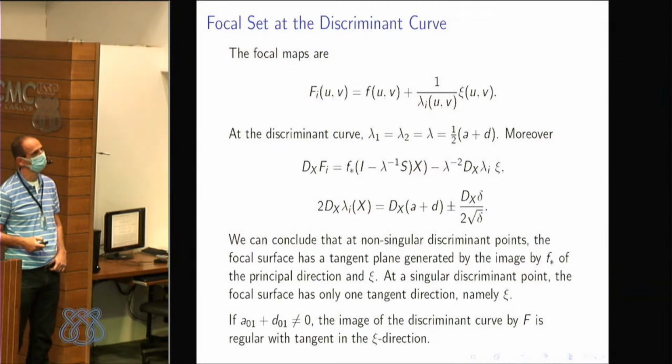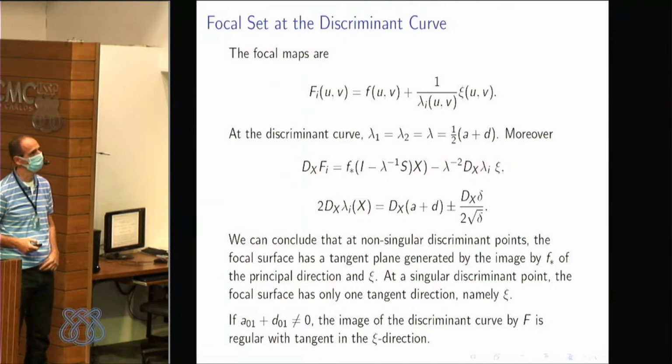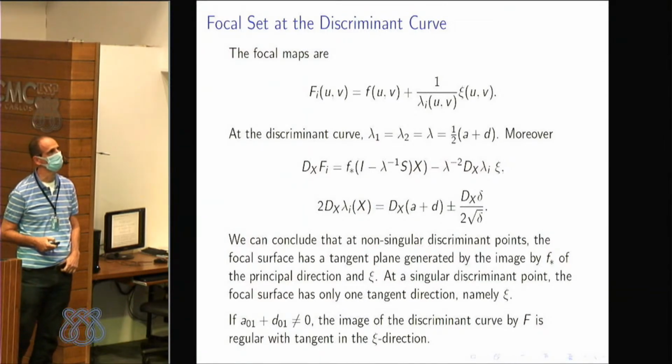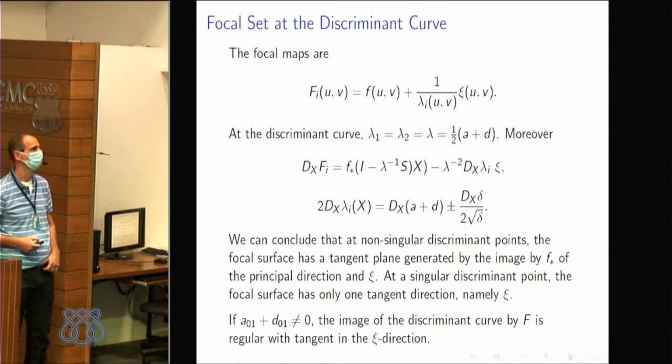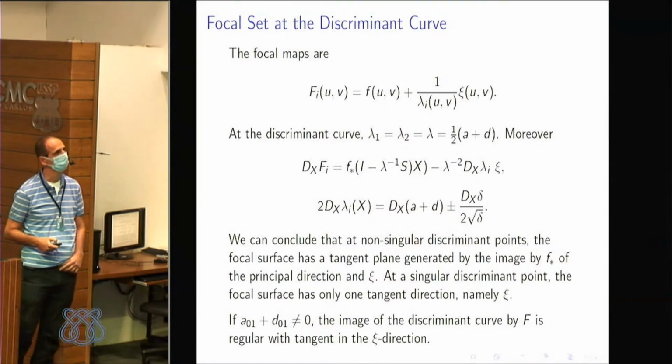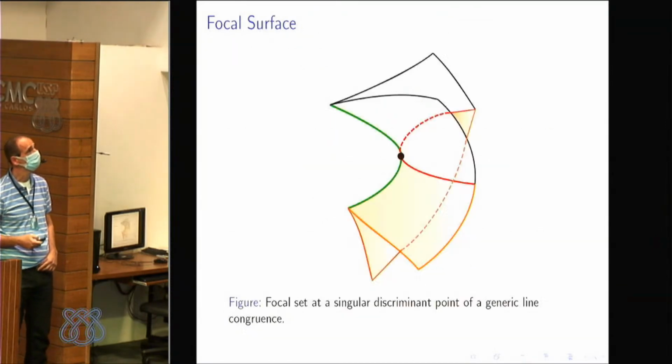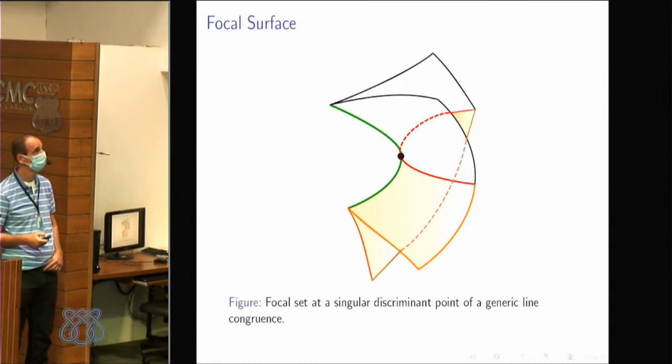At the discriminant point, the focal surface has only one tangent, namely c. If this occurs, the image of the discriminant curve by f is regular with tangent in the c direction. So the figure is here.